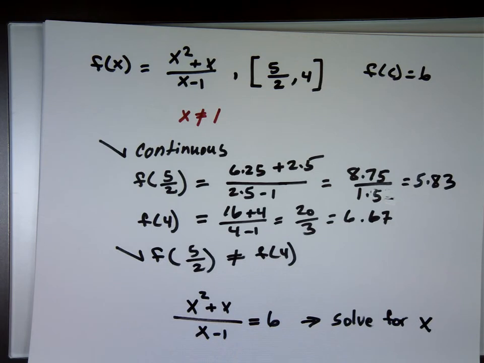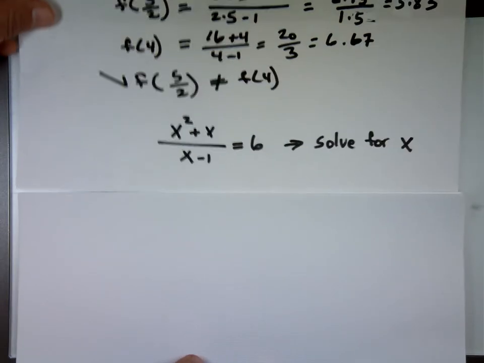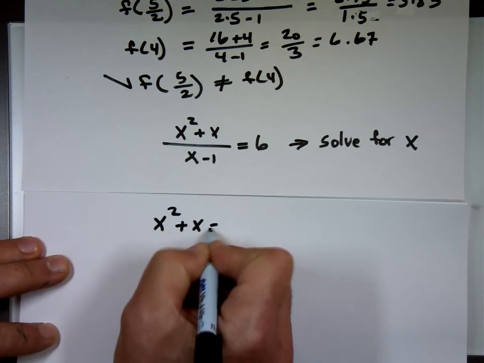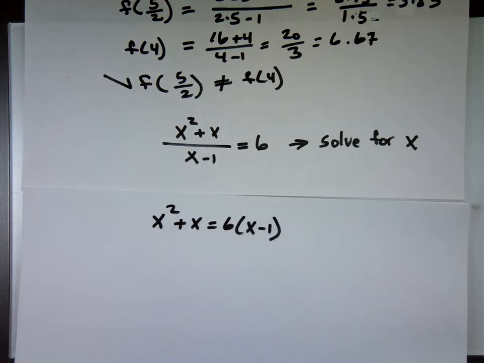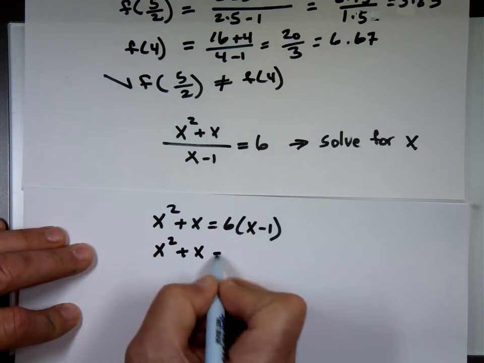How do we solve this? Multiply everything by x minus 1, both sides. x squared plus x equals 6x minus 6.